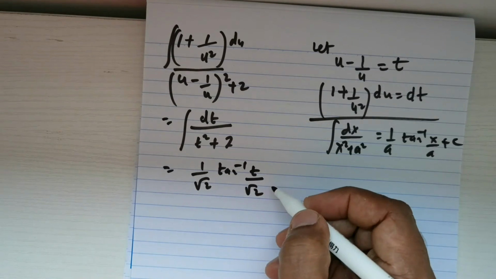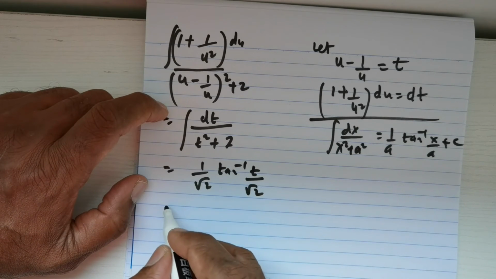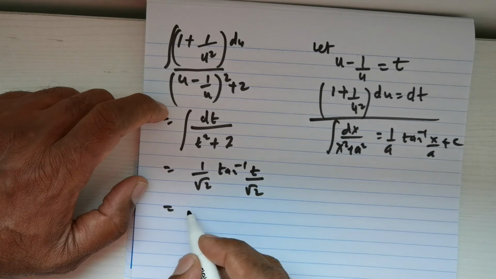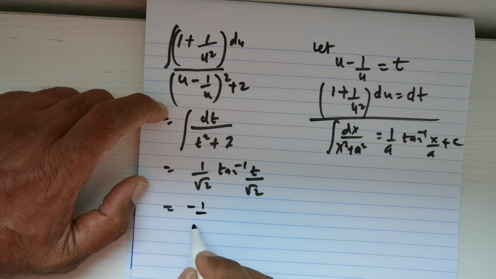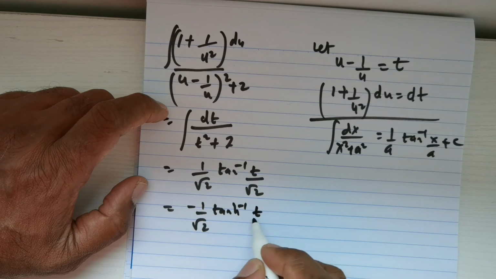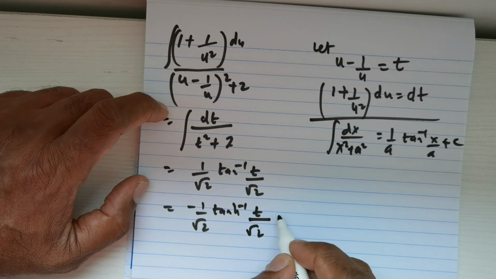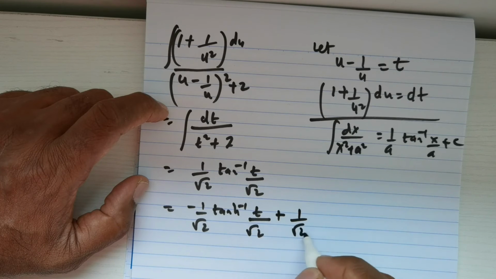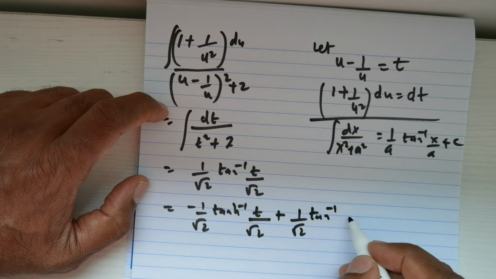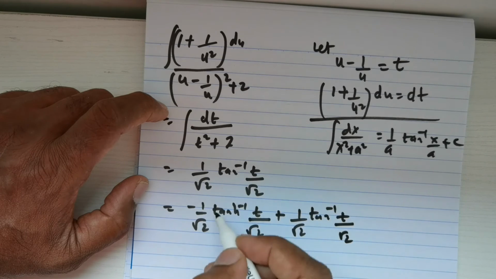I'm not placing the constant now, I would do it towards the end. So rejoining the two, we now have −1/√2 hyperbolic tan inverse of t/√2 + 1/√2 tan inverse of t/√2.